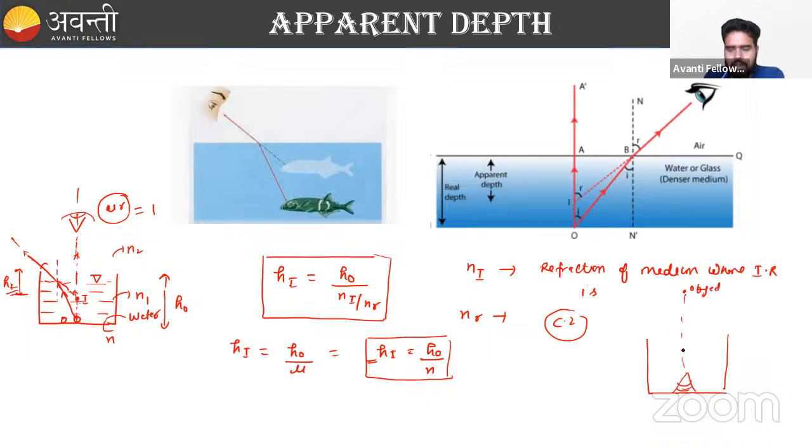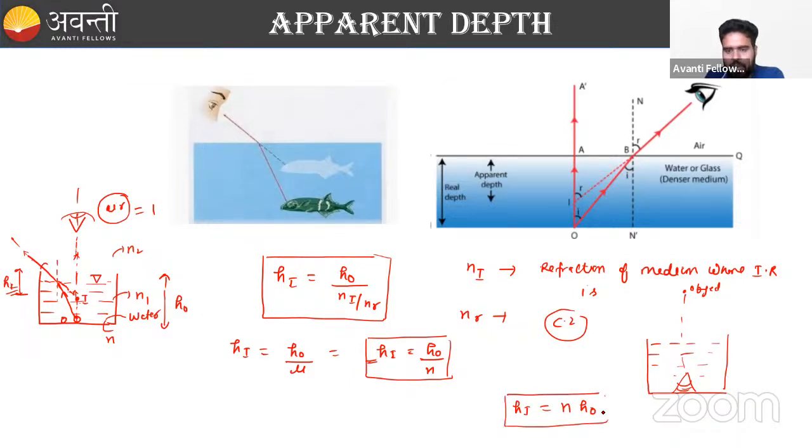In this case, the height of the image from the free surface is greater than the height of the object. The value will come like this: refractive index into h naught.